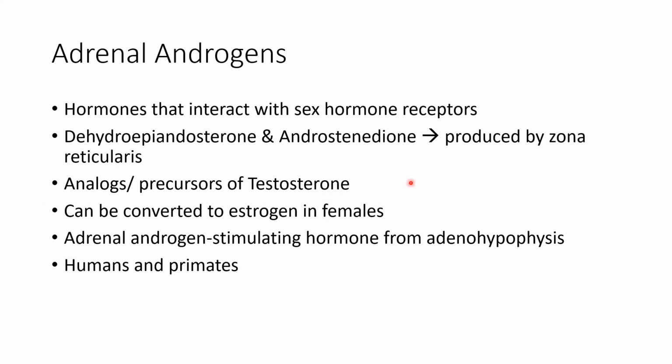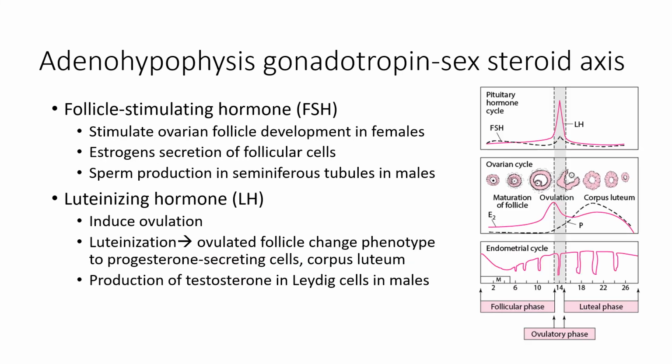These are analogs or precursors of testosterone, because they may actually be converted to testosterone. However, they themselves may interact with sex hormone receptors. And in females, these androgens may actually be converted to estrogen. They are primarily of importance in humans and other primates.